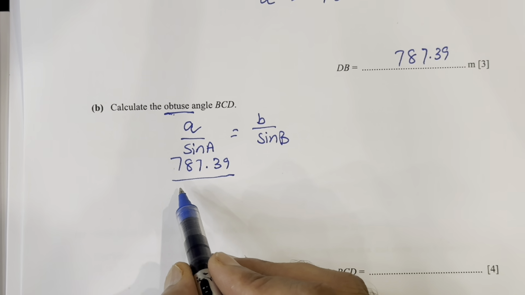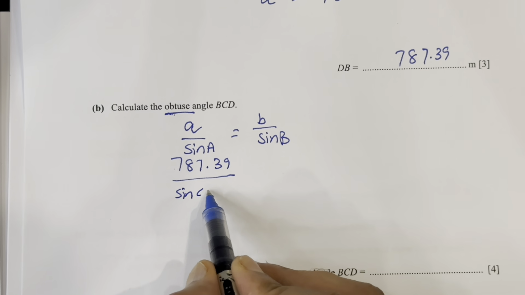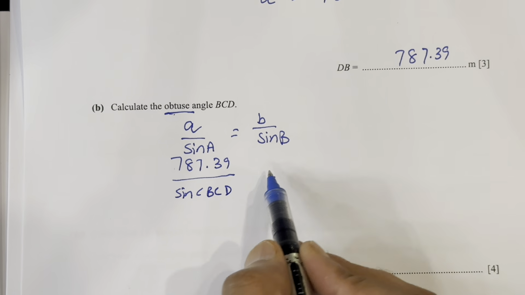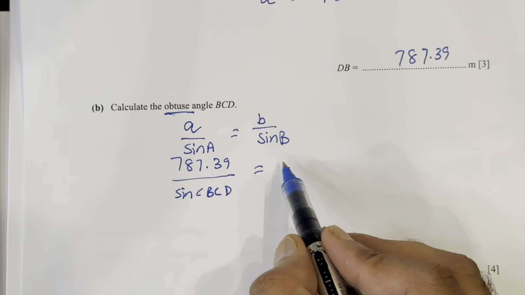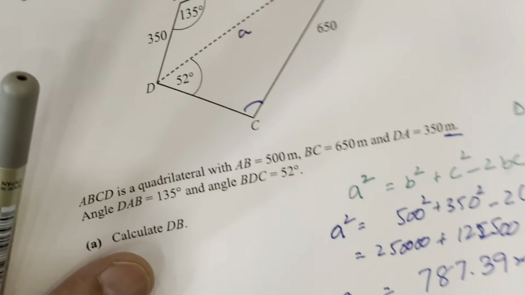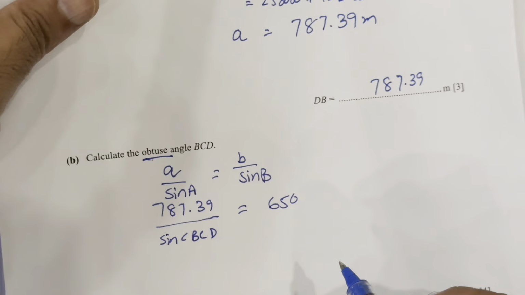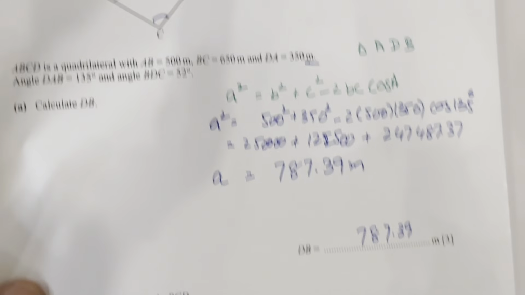Sine A, which we need to calculate, we can say that this is sine angle BCD, and the value of B is 650. You can see that the value of this is 650, and the angle in front of it is 52 degrees.